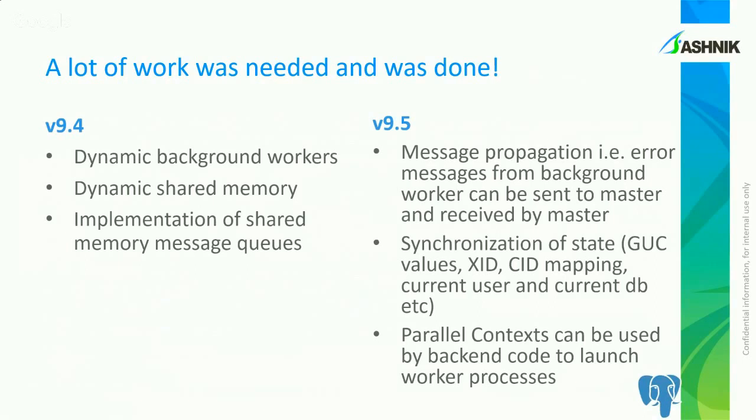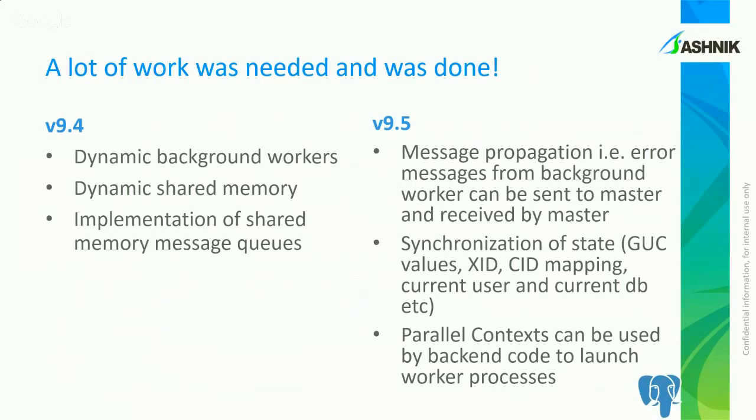These were required so that worker processes can propagate messages back to the master, and hence the master can understand whether these worker processes have encountered an error or generated a warning message, and the same can be received and propagated by the master process further to the client.